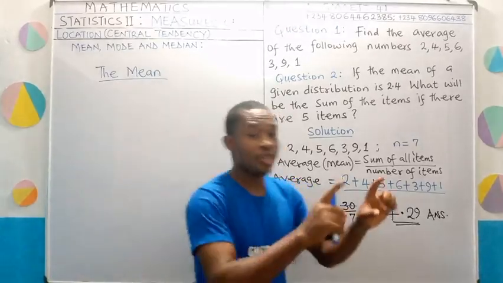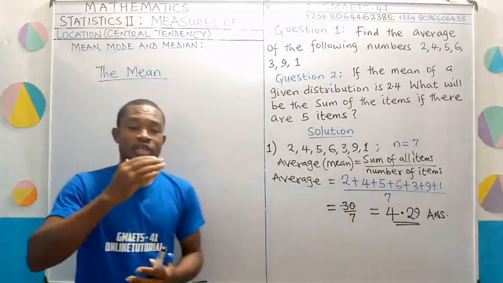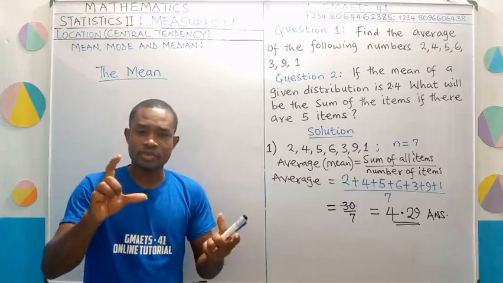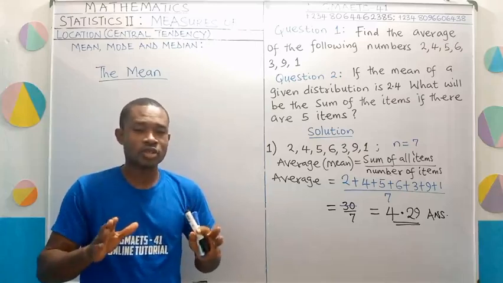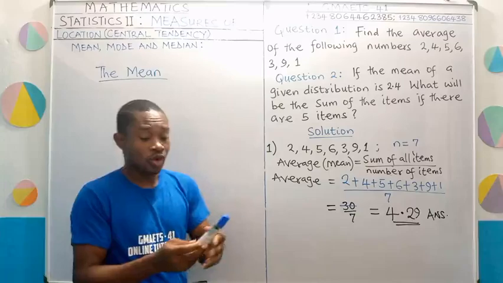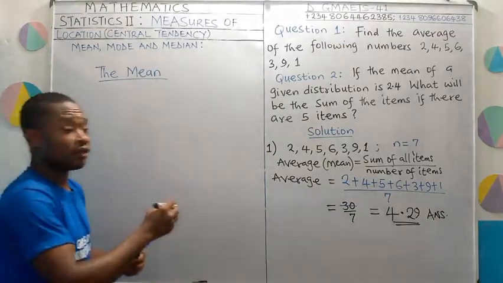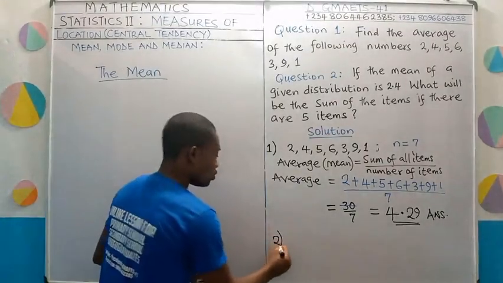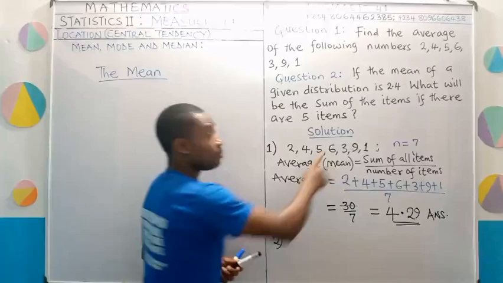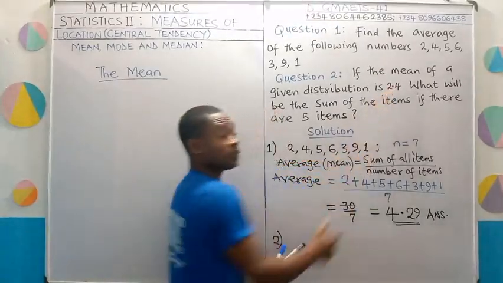We were not given the distribution. They didn't give us the numbers of the distribution. The question just told us that the mean is 2.4. So from the question, we know the value of the mean. The mean, the average, is 2.4.